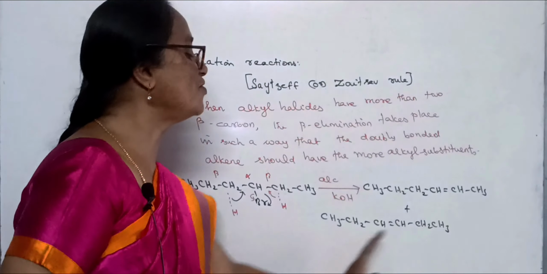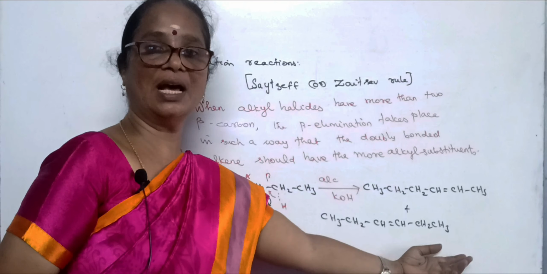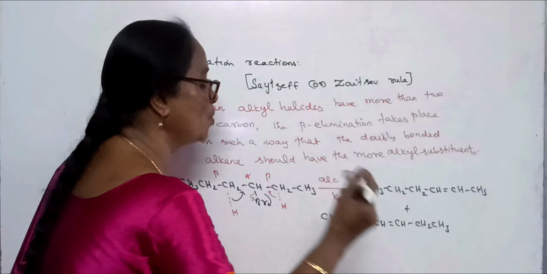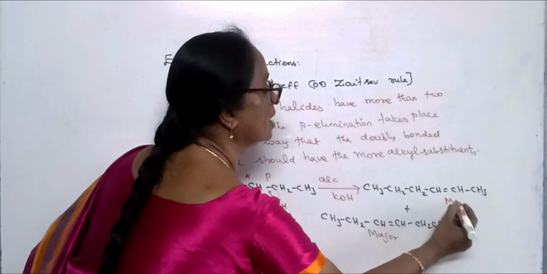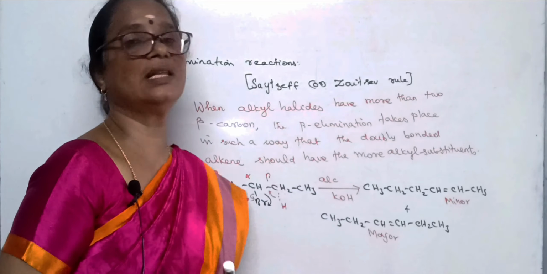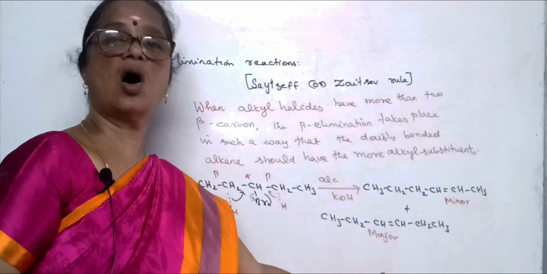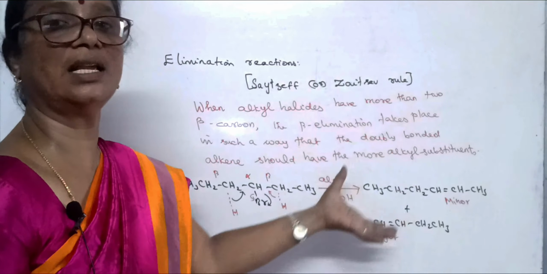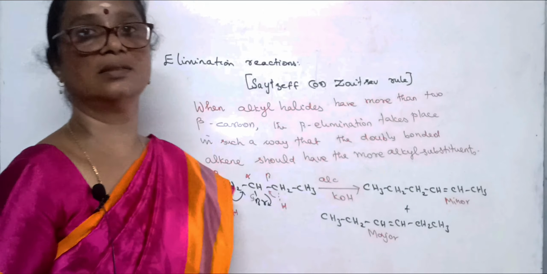So the number of alkyl groups on either side of the double bond is similar and more in number, and hence this molecule is said to be the major and this is the minor one. Major and minor depend on the yield of the product. One will be in large yield, the other in less yield. Based on the yield only we classify them as major and minor.